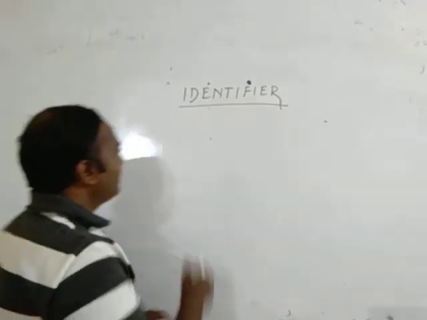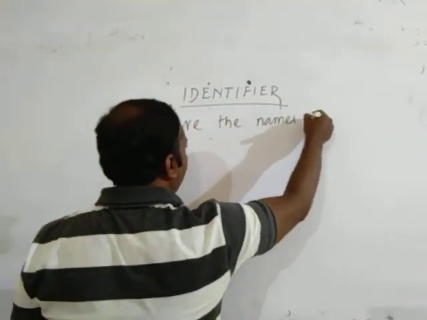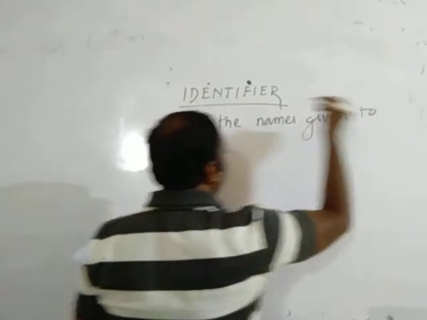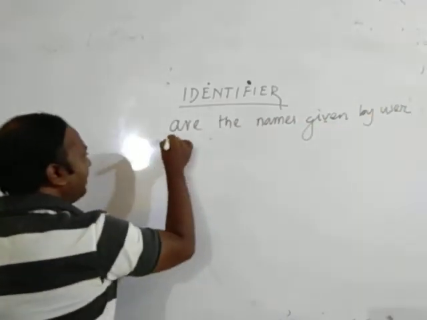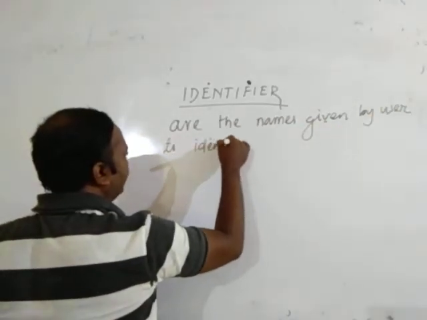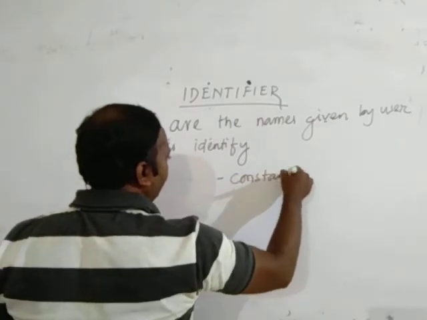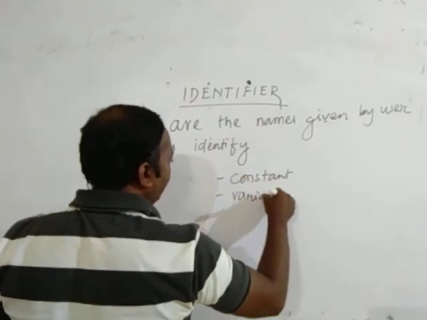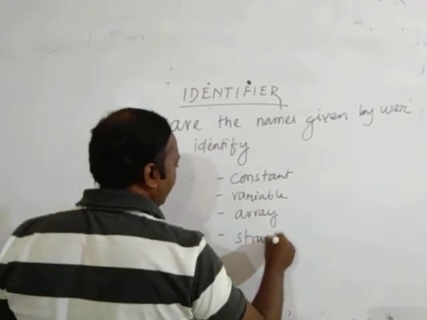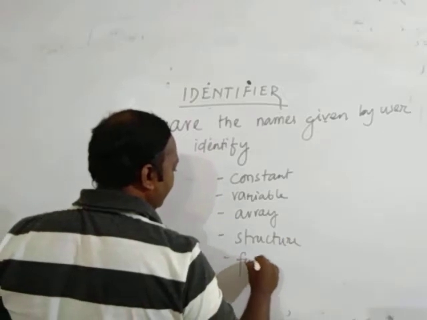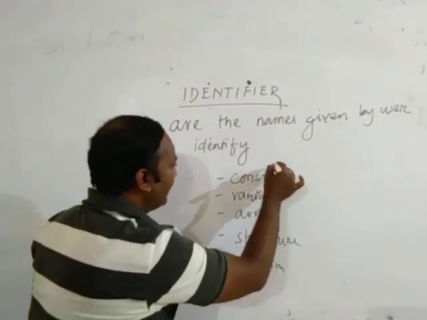So identifiers are the names given by the user to identify a constant, a variable, an array, a structure, a function, etc. Identifiers are used for naming.